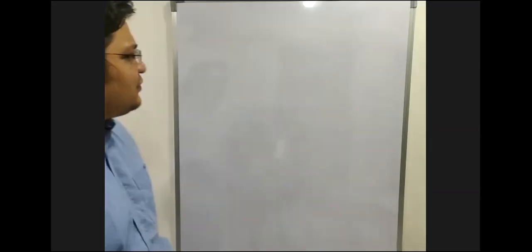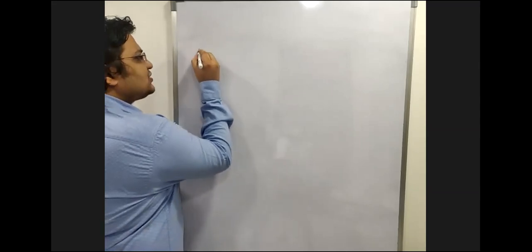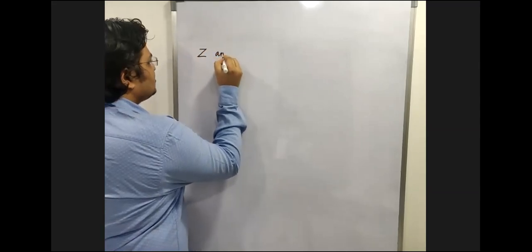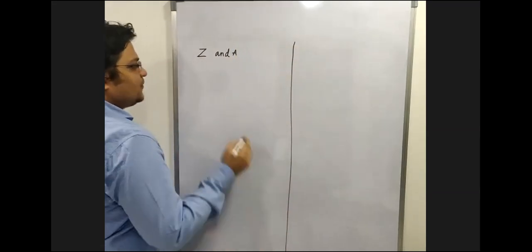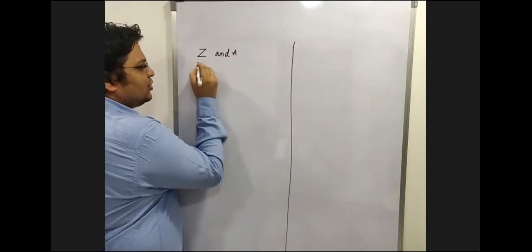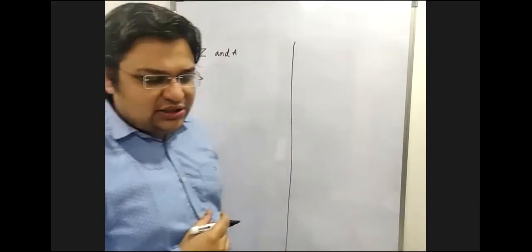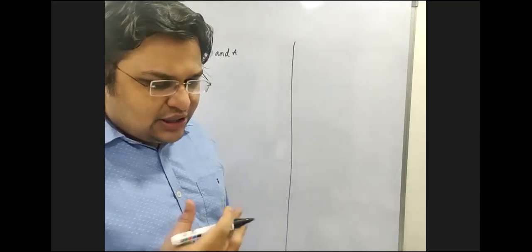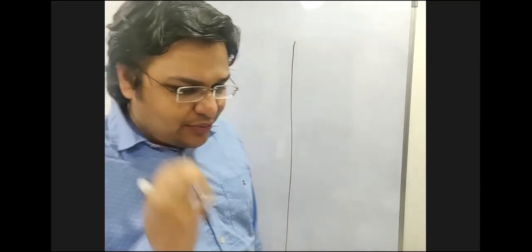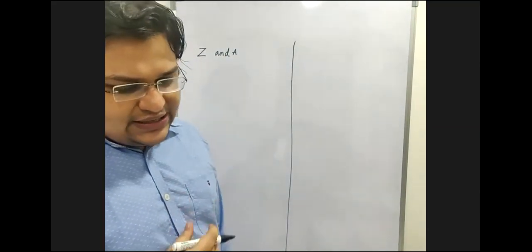Now, the first thing which I want to start with is, what is Z called as? Can I say atomic number? What is A called as? Atomic mass number. Can you start writing this? Z is atomic number. A is atomic mass number.